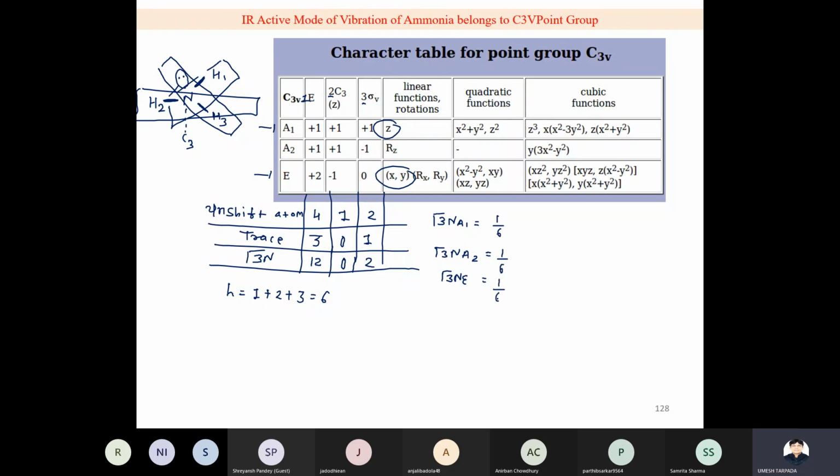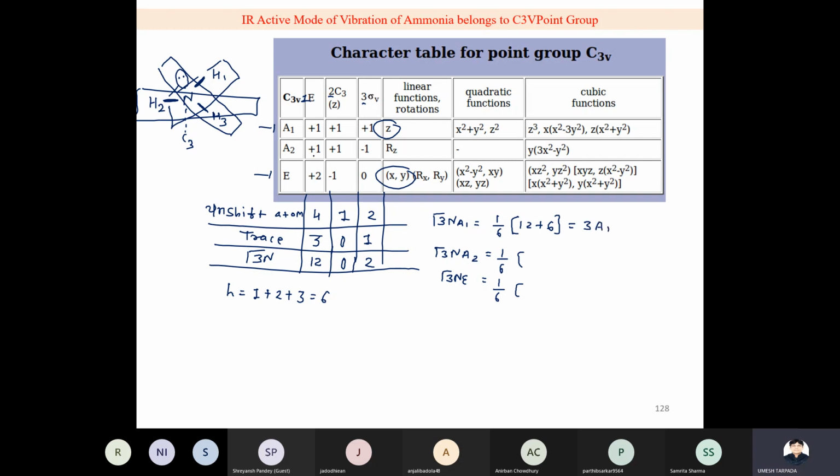Now first A1: 12 into 1 into 1, that is 12. The second term is 0, the last term is 2 into 1 into 3, that is 6. So 18 by 6, it's 3A1.